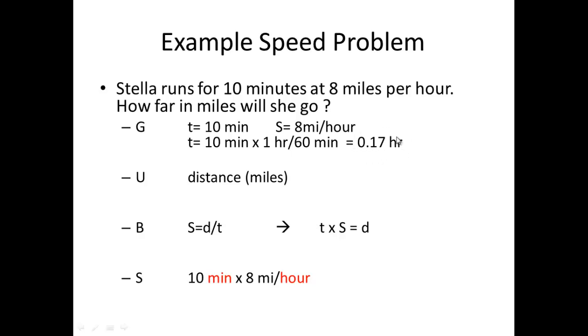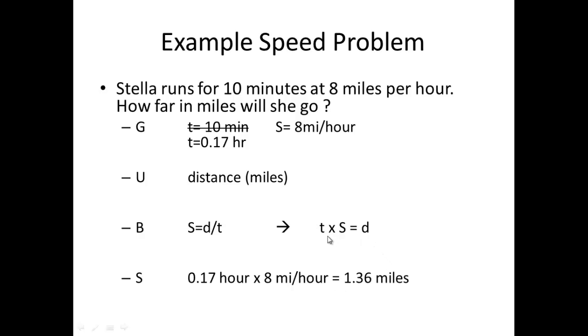So now we can take this value here, 0.17 hours, because that's the amount of time that she ran, and we can plug that back into our equation here. So 0.17 hours times 8 miles per hour will give us our distance. We just took our time, multiplied it by our speed, and it gave us our distance of 1.36 miles.